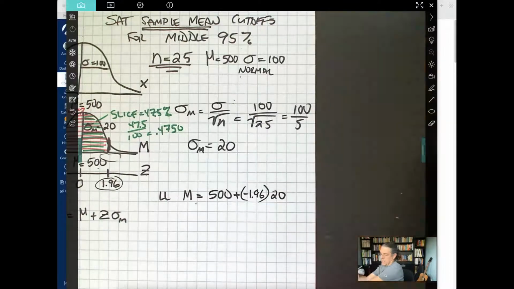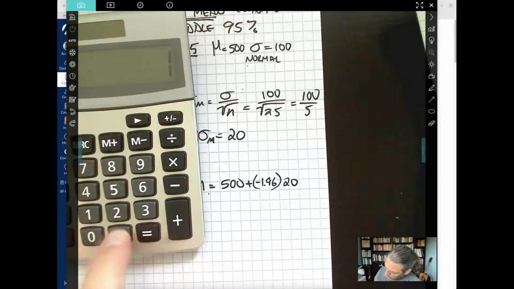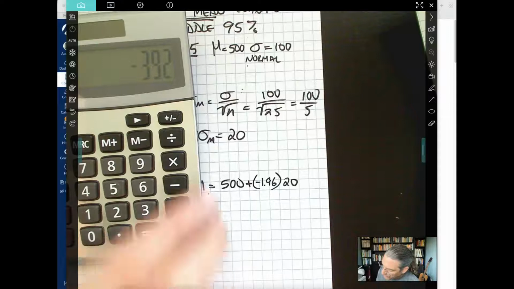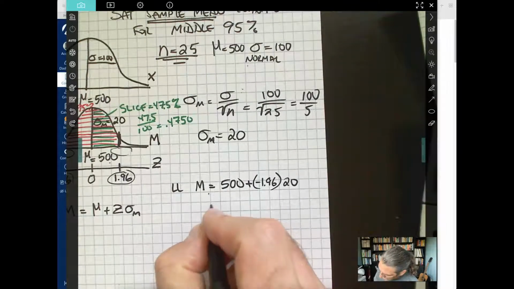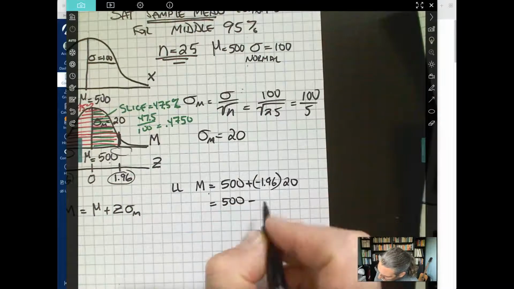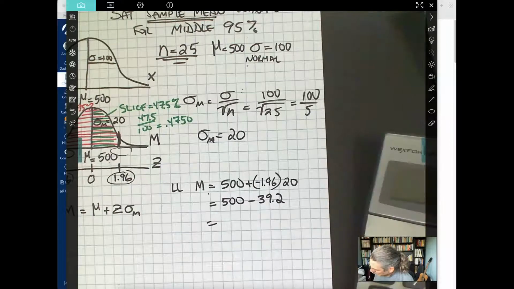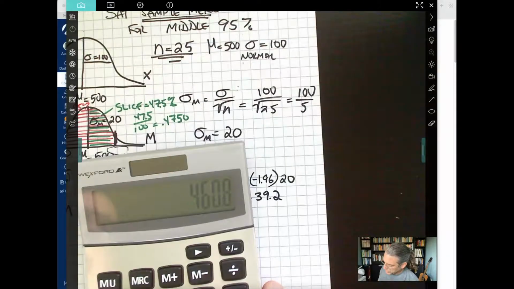So now we can calculate negative 1.96 times 20, which equals negative 39.2. So this ends up being 500 minus 39.2, and the difference is 460.8.